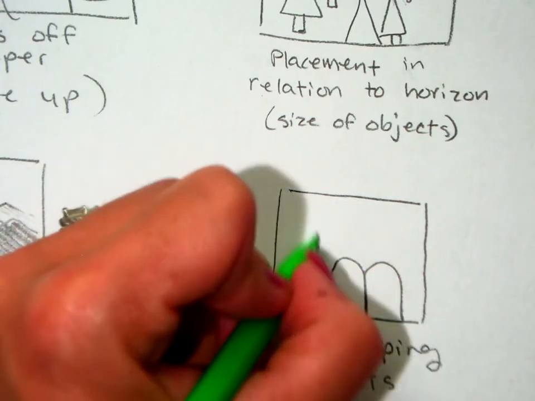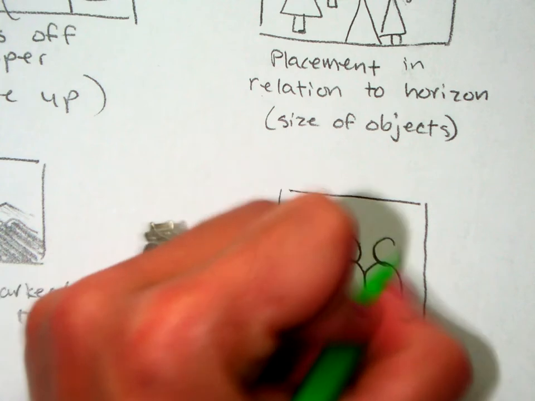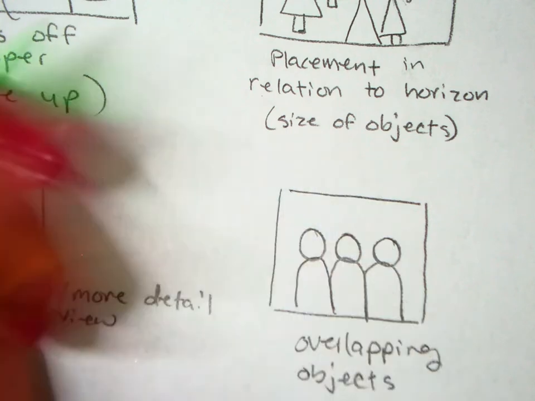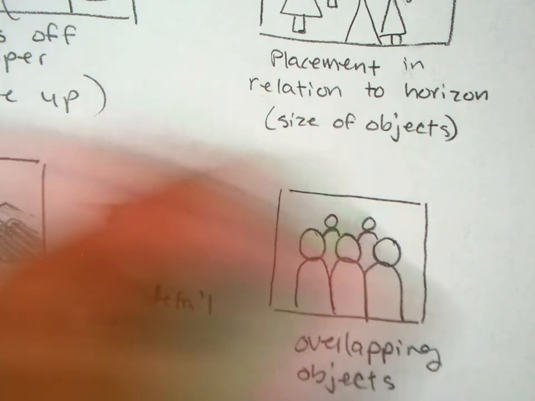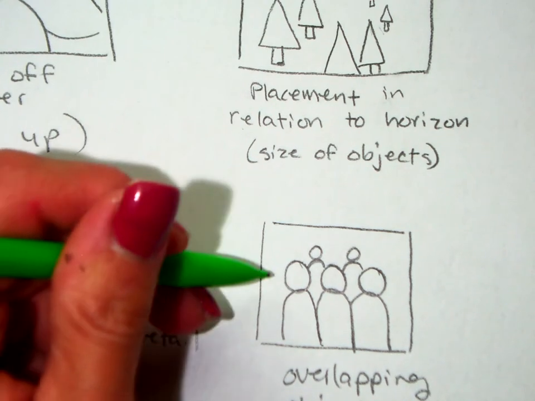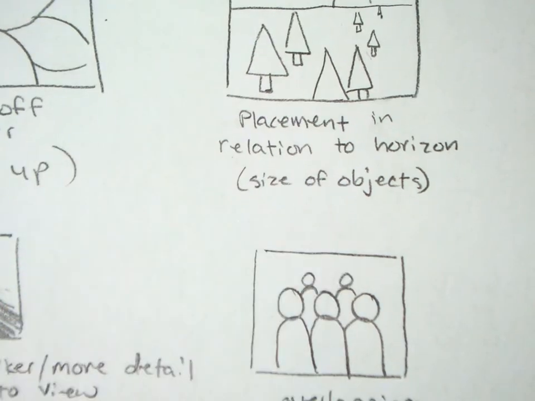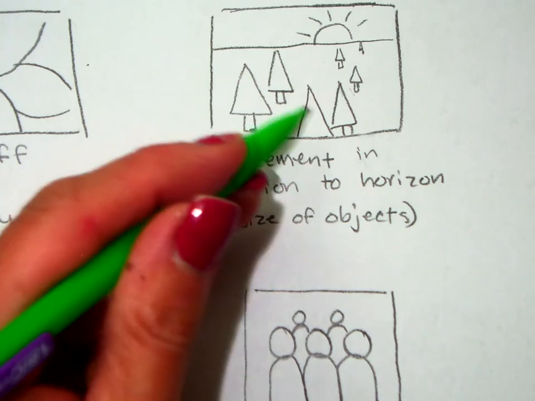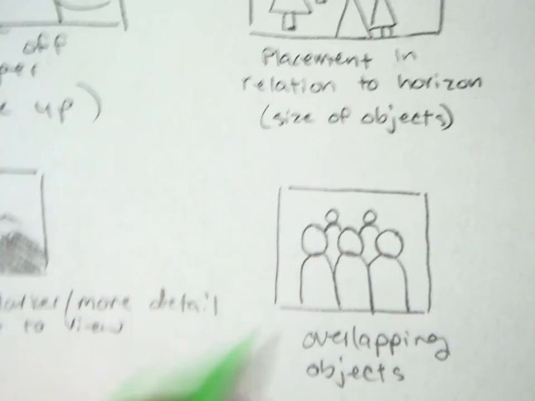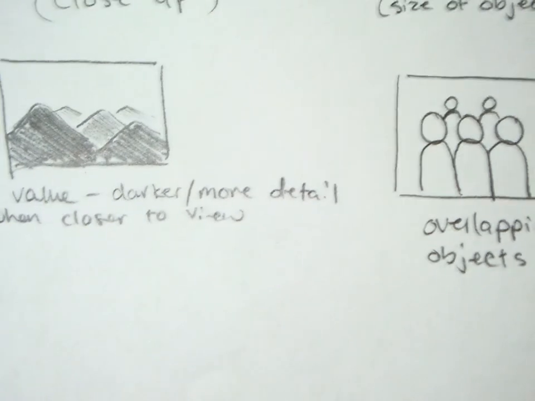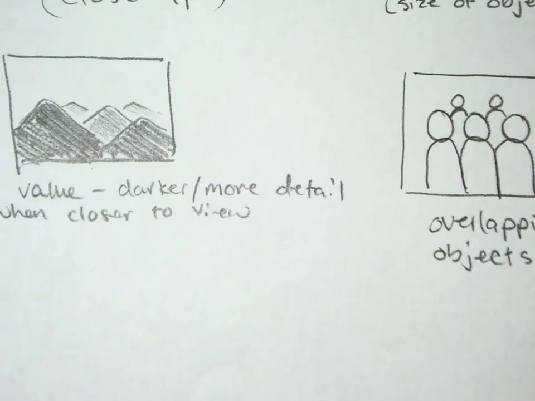These are their bodies. Don't laugh, okay? That's okay. These are their bodies, or it's a crowd of people, and we have more people back here. So it's kind of similar, but you can see that they're overlapping in front of each other. These are kind of overlapping, but that really has to do with the horizon line. So overlapping objects is another way we can create space and depth.